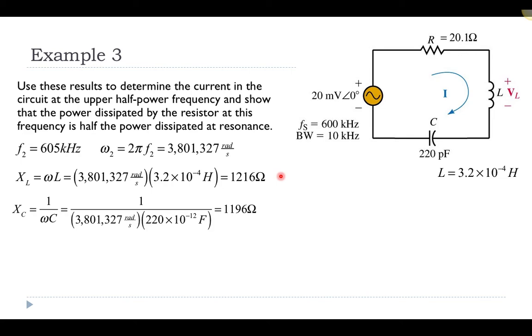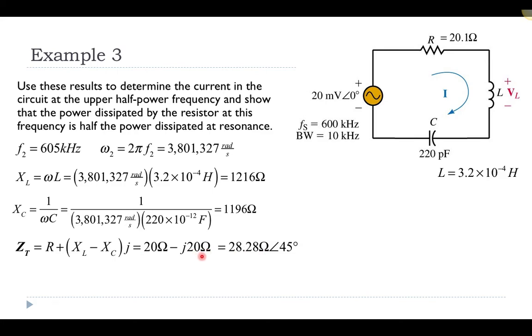Notice here that we're in the upper half power frequency range, and so that means that the inductor is going to dominate, and it does. It has more reactance than the capacitive reactance. I can calculate the total impedance, which is just the resistance in the circuit, and then adding the reactive components together. When I add these together, inductive reactance is positive, capacitive reactance is negative, and that's the imaginary part.